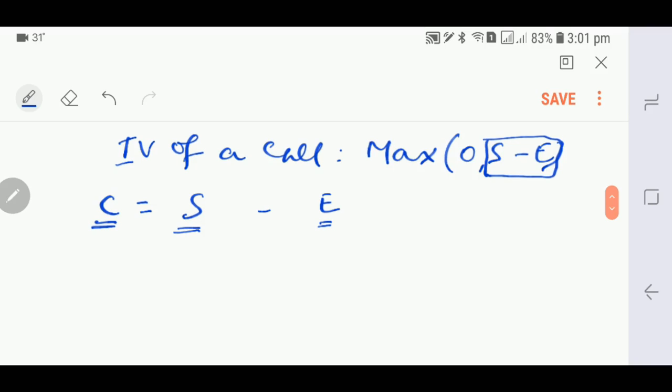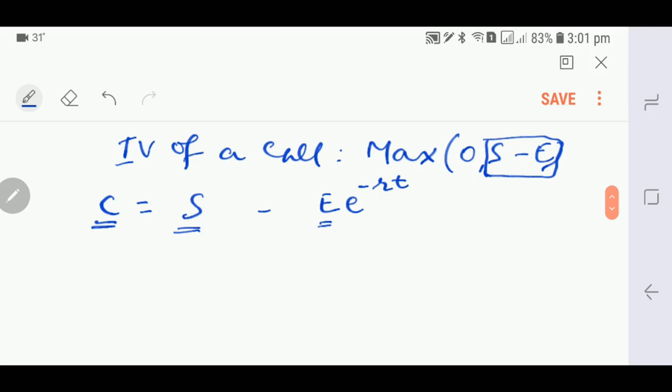You also remember from a previous video session that in the world of options contracts, or generally in the world of derivative instruments, we use continuous discounting. So let's discount the exercise price E by multiplying it with the mathematical constant e raised to the power of minus risk-free rate times time, where time is always in years. So this is one part of it.